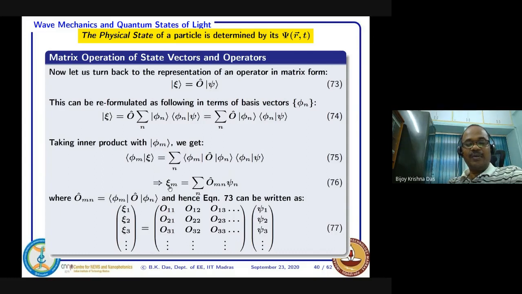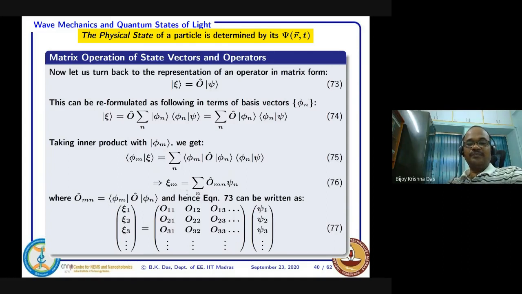I write that component as xi m. So the left hand side reduces to the component of xi along the phi m direction. M can be 1, 2 or 3, one of the basis vectors. We have xi m now.